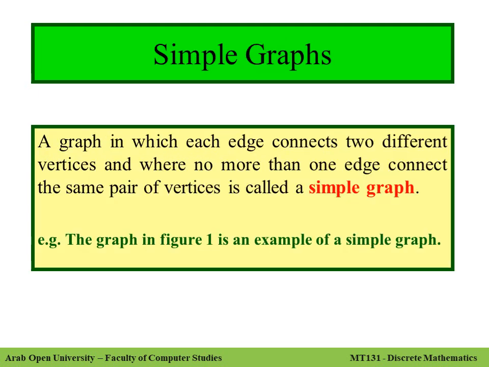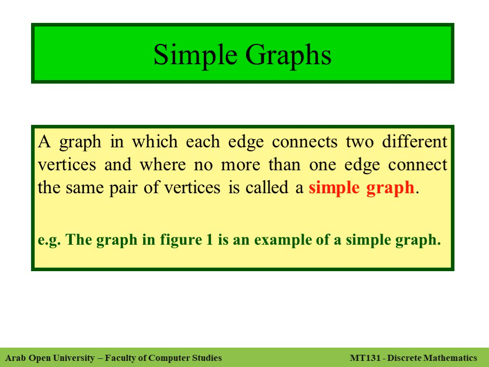A simple graph, here's the definition. A graph in which each edge connects two different vertices and where no more than one edge connects the same pair of vertices is called a simple graph. The first condition, that each edge connects two different vertices, means there are no loops.